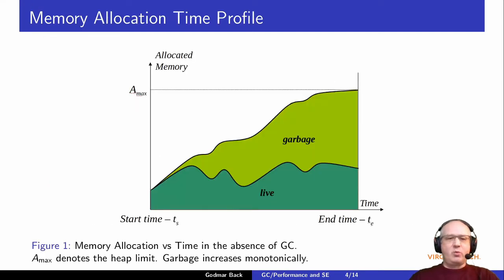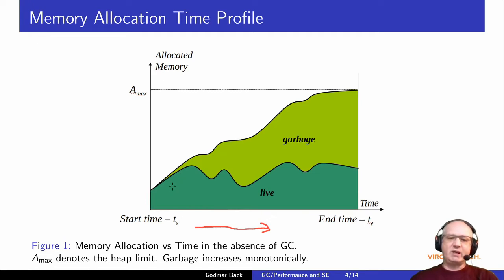You may ask the question, how can we model the behavior of an application with respect to its memory allocation? One way to do that is to use a so-called memory allocation profile. So this is shown here on this graph. On the x-axis we may have time. This could be real time, but it could also be measured in terms of the number of bytes that the application is allocating.